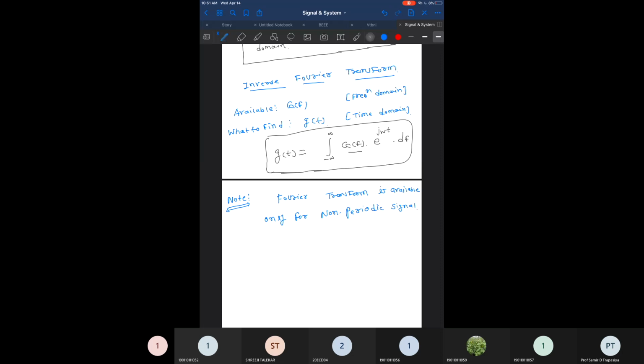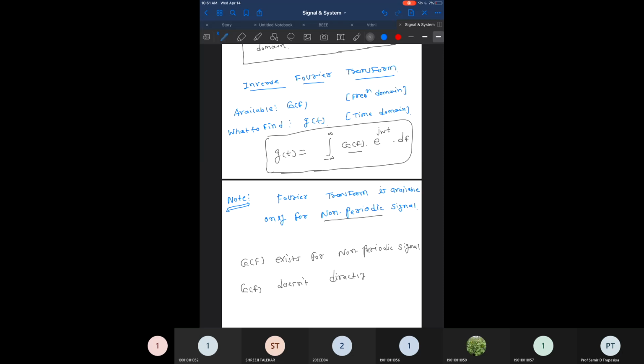This is very important. So it means g of f exists for non-periodic signals only. If your signal is periodic, then g of f doesn't exist.